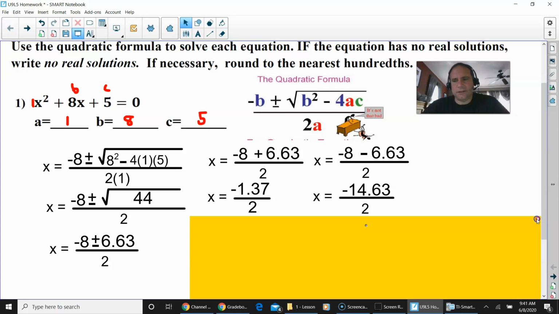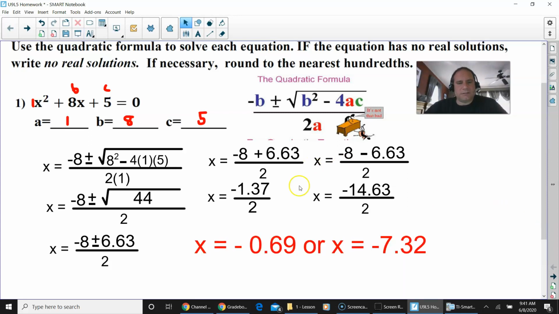The last thing is to get the answers. You have x equals negative 0.69, that's negative 1.37 divided by 2. And negative 14.63 divided by 2 is negative 7.32. And those are the roots of this quadratic.